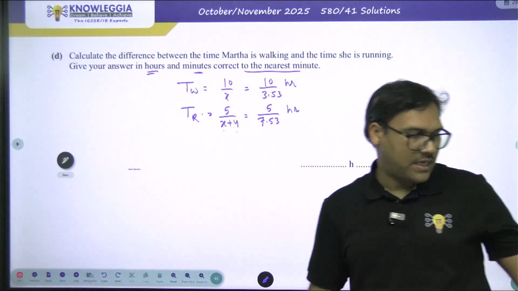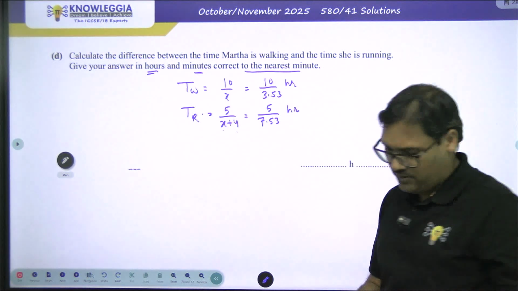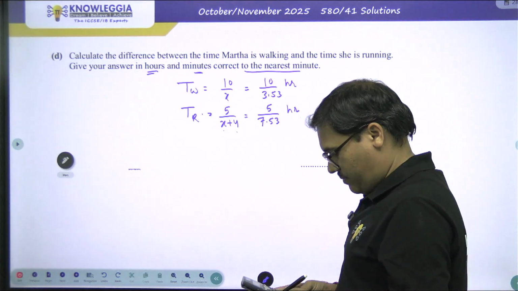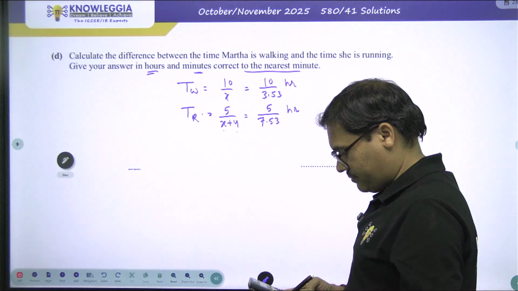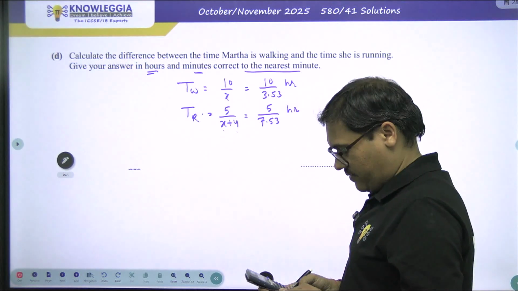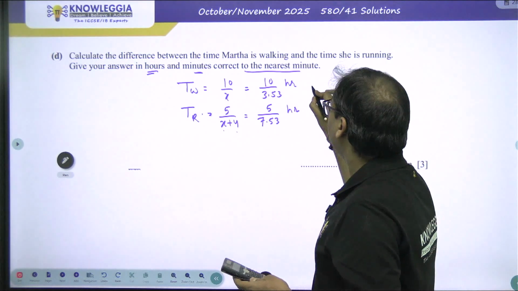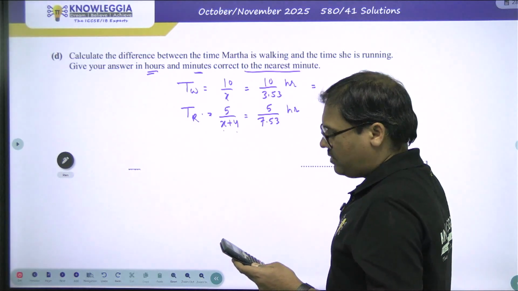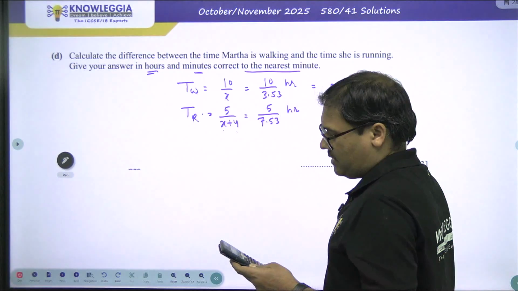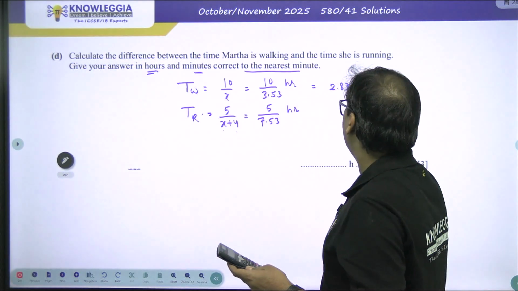Okay. So let's use the calculator and see what this value is. This is 10 divided by 3.53. So what is this? This is 2.832. You can say 2.833 hours.